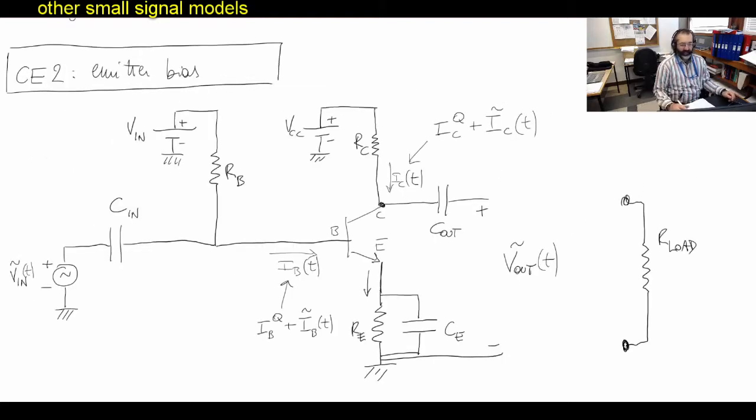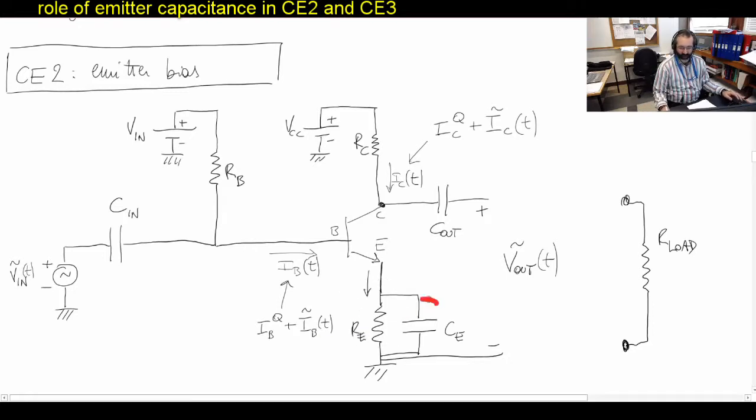So the next thing, and basically the whole thing I wanted to mention to you with this post-lecture video, is about the role of the capacitances that we've seen today. The first one that I wanted to discuss with you is the role of the emitter capacitance.